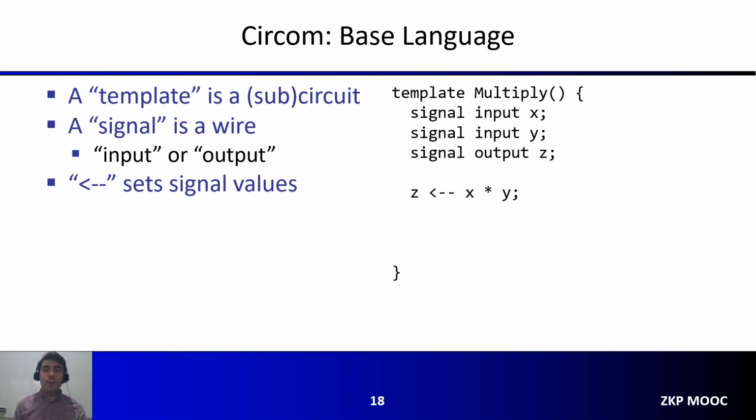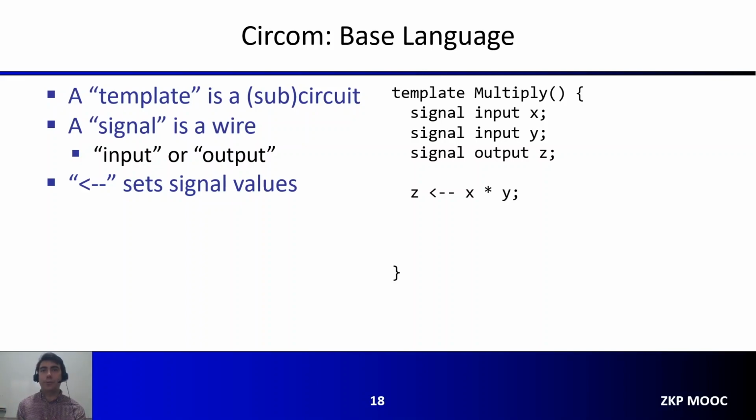In Circom, the way that you set the value of a new signal is using the left arrow operator. So the output signal z, that's created by this template, we need to set a value for it. And we do that by saying that z left arrow x times y, or z gets x times y. While this sets the value of z, the value that an honest prover will assign, it doesn't create any rank 1 constraints.